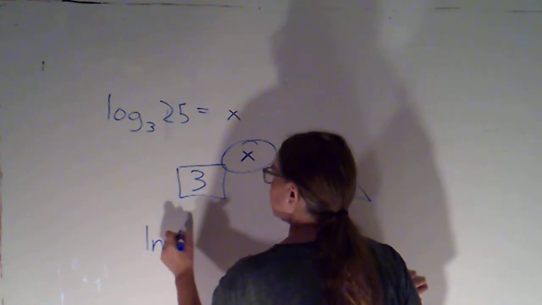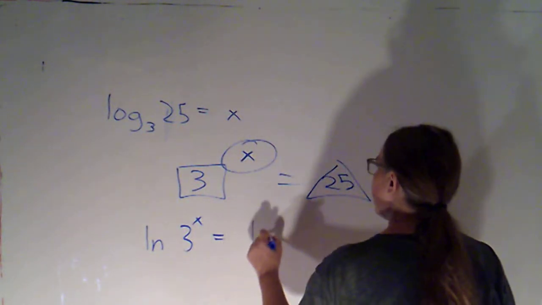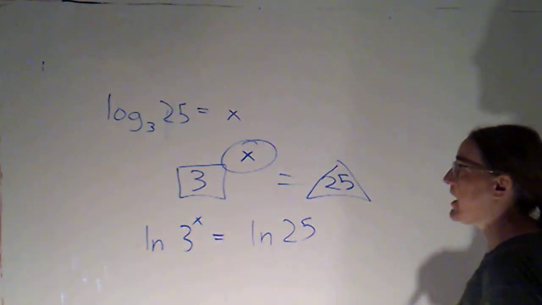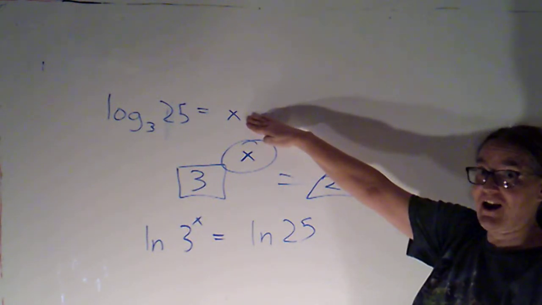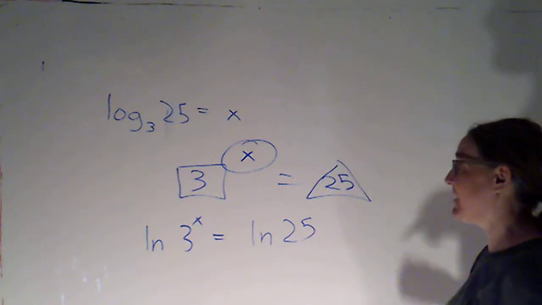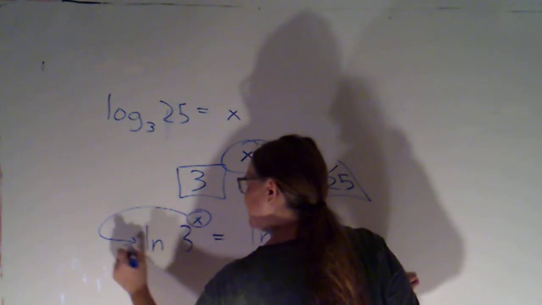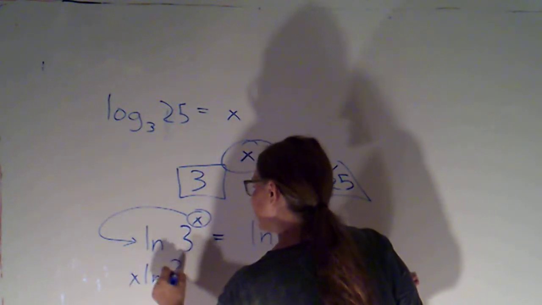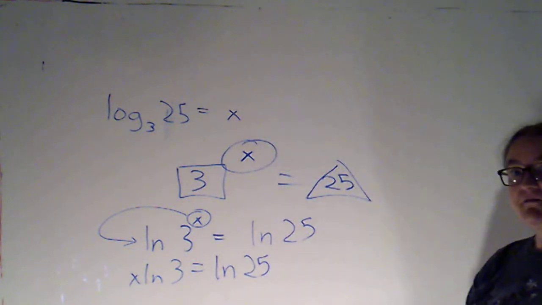I'm going to say the natural log of 3 to the x is equal to the natural log of 25. Keeping in mind that x is the thing that I'm trying to figure out what it is. X is my original log base 3 of 25. Well, now I can use my power rule and I can say x natural log of 3 is equal to the natural log of 25.